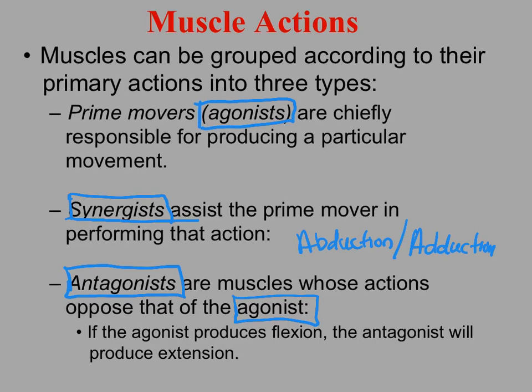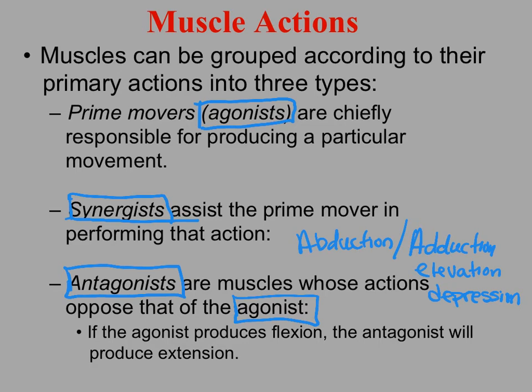Another example, if the action is elevation, what's the antagonistic movement to elevation? Depression. So you're going to be responsible for recognizing which muscles are agonist-antagonistic pairs, like the biceps and the triceps. They're doing opposite actions of one another.